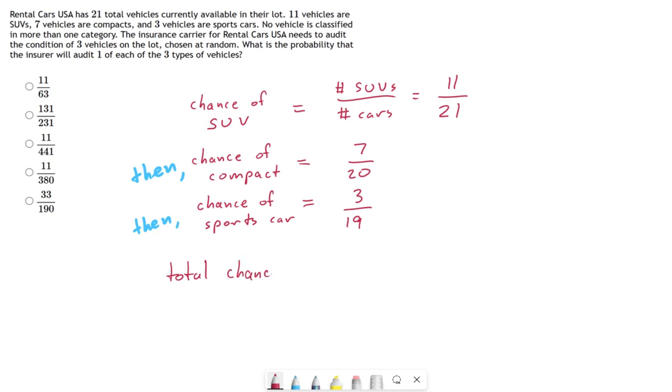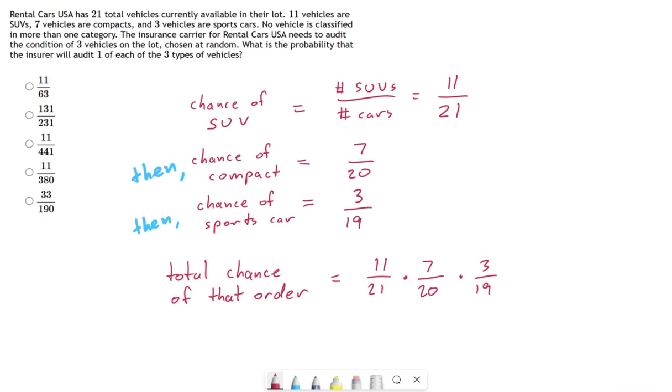So your total chance, and don't stop the video because I have more to say about this, the total chance of doing exactly what I said above, in other words, the total chance of going SUV, then compact, then sports car is going to be this. You take 11 over 21, multiply it by 7 over 20, and then multiply that by 3 over 19.